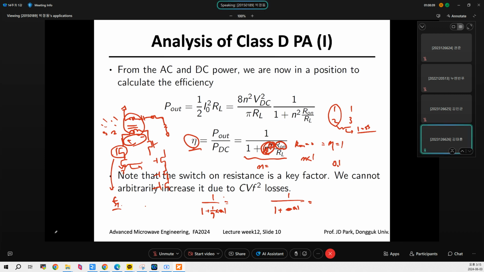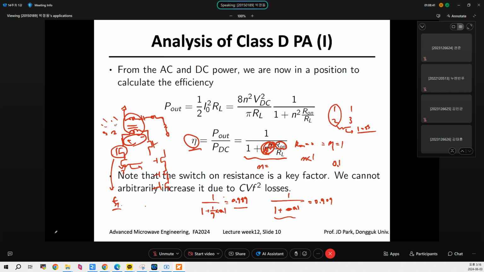That is 8.9. So how about this? This is just 0.909, okay? About 8% improvement by increasing the ratio.